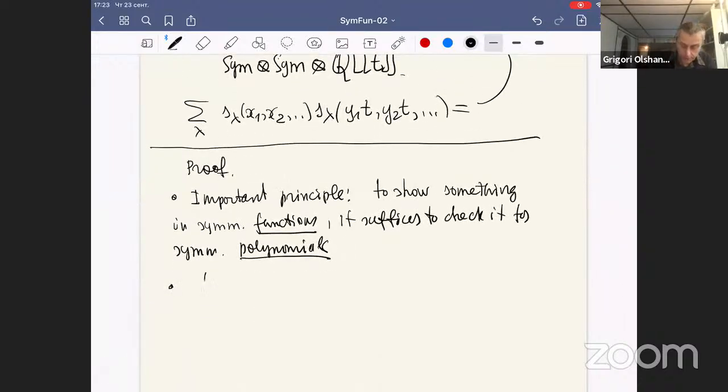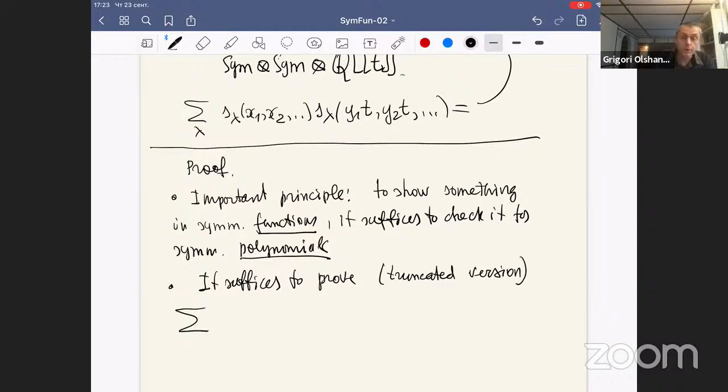It suffices to prove a truncated version of the Cauchy identity. The truncated version is as follows. Again, we keep only n variables.